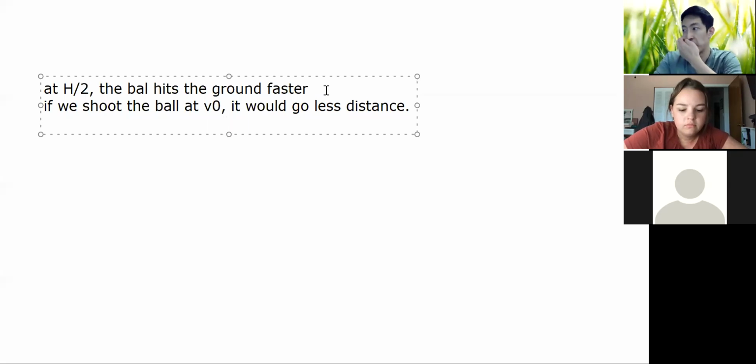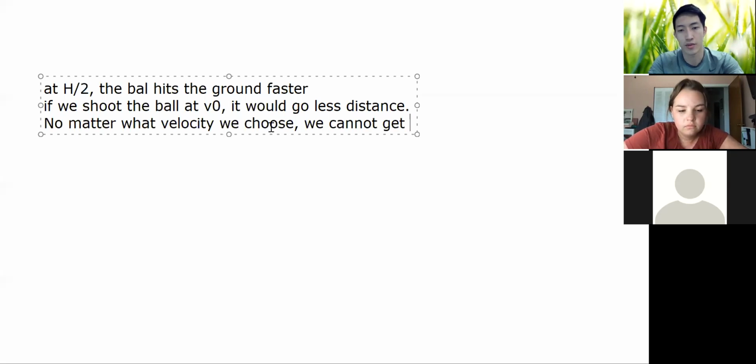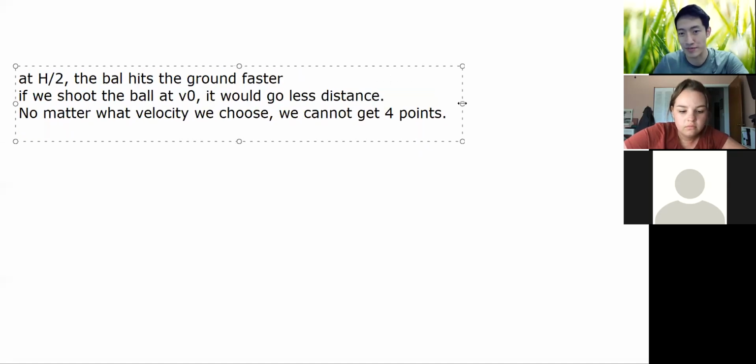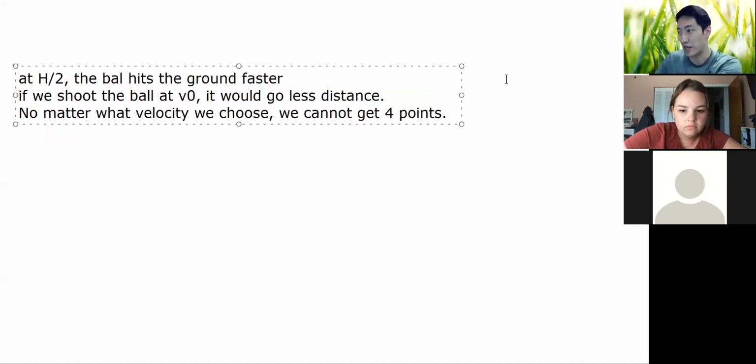We also know that no matter what velocity we choose, we cannot get 4 points. If you think I'm pulling that out of nowhere, it's because 4 points is in the picture. It says if you hit the target on spot, you get 4 points.